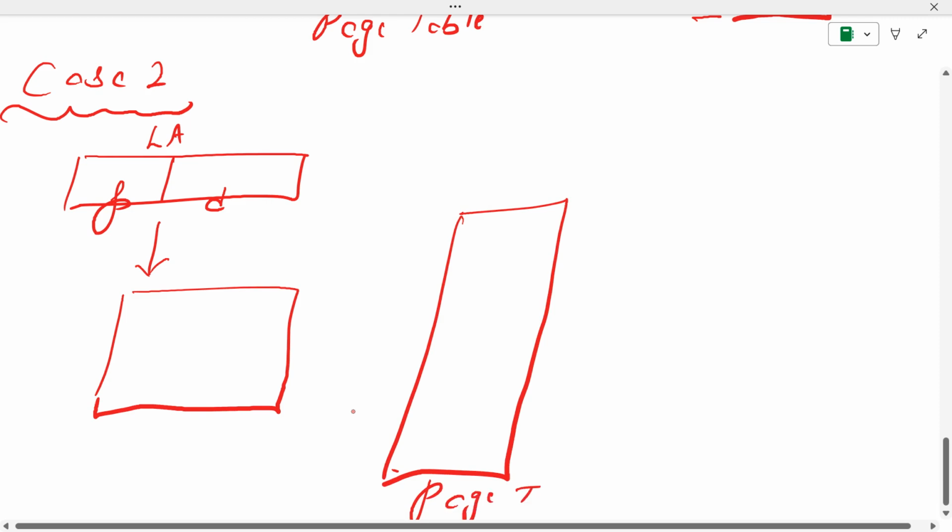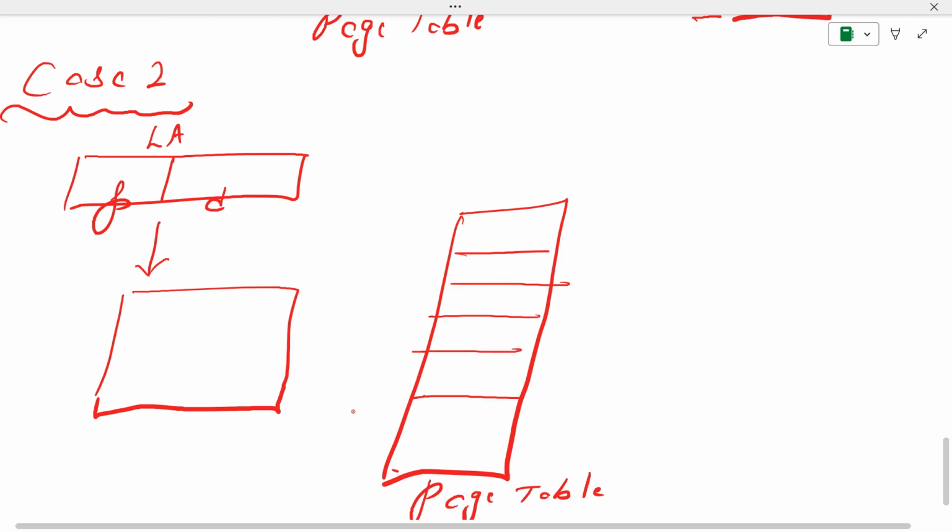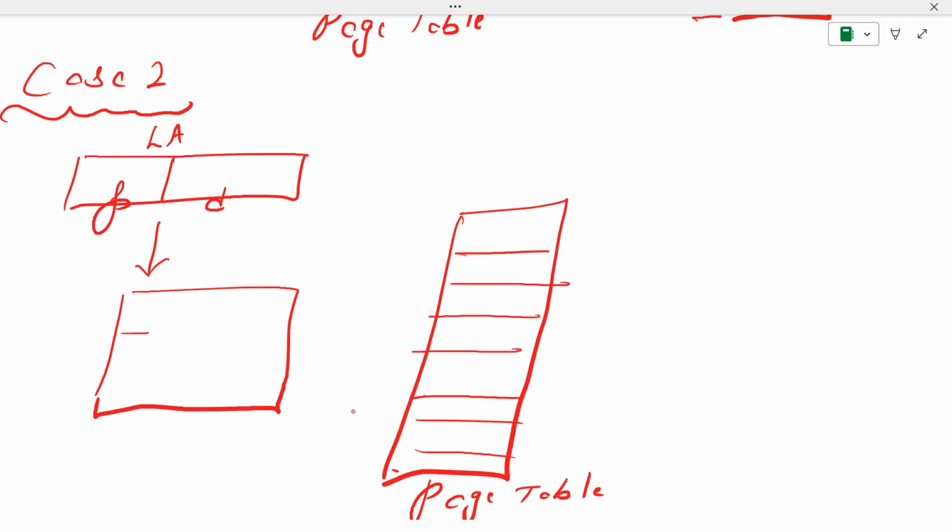So in the page table, we have entries for all the pages present, whereas here it contains only some of the pages, and for those pages it contains the frame number corresponding to the page number.